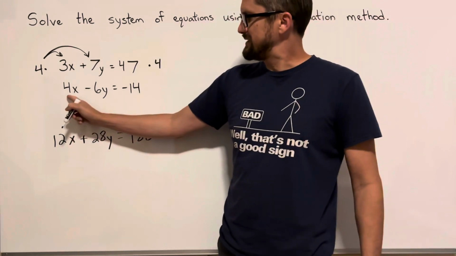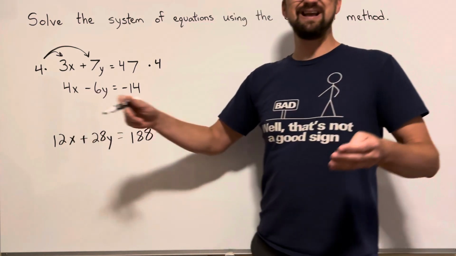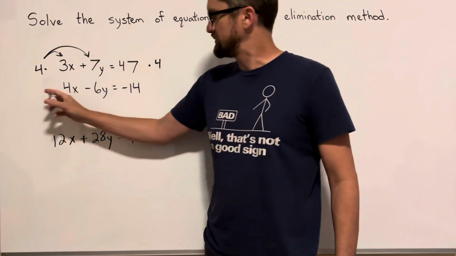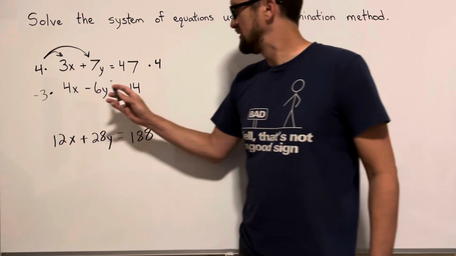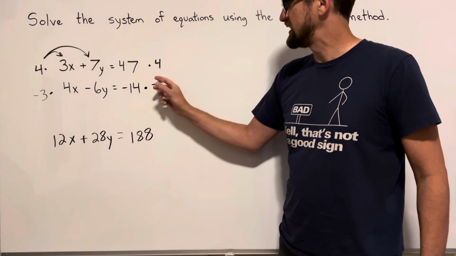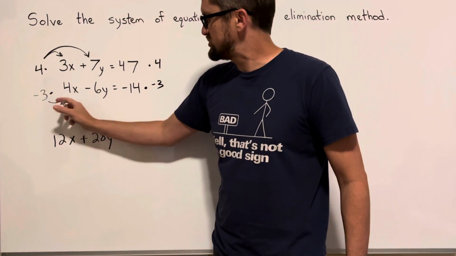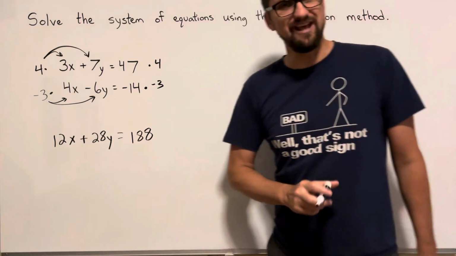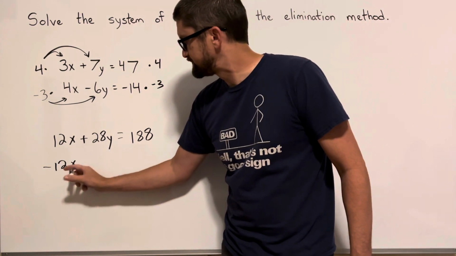Now I'm going to make this a 12, but I want to make it a negative 12. I want to make opposites. So I'm going to multiply by negative 3 on both sides of the second equation. And again, I'm going to distribute on the left side. So this is going to become a negative 12x.